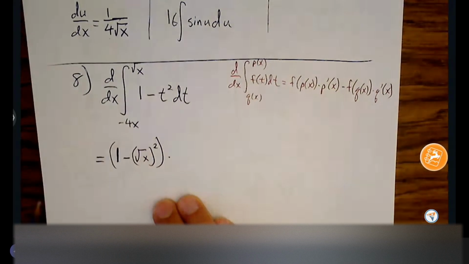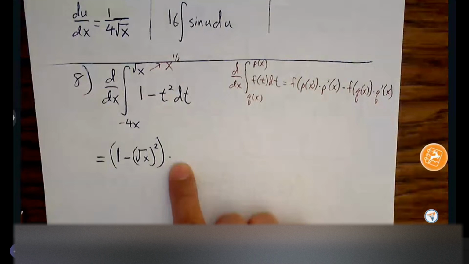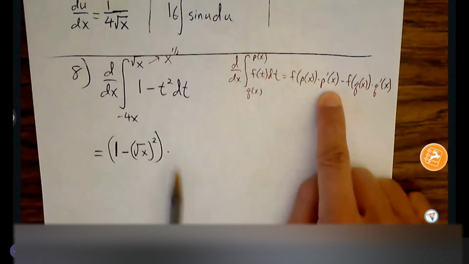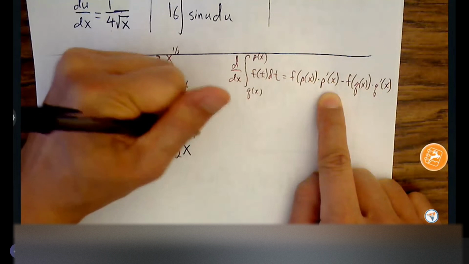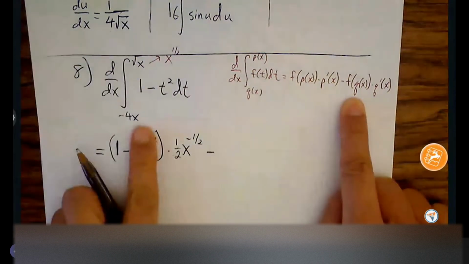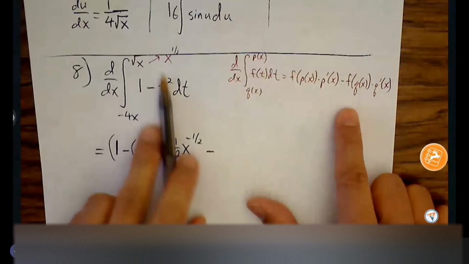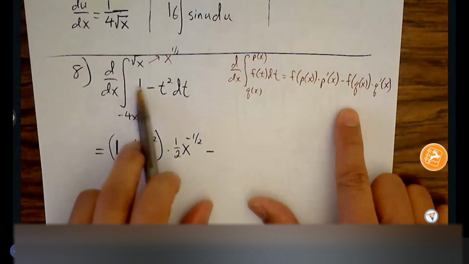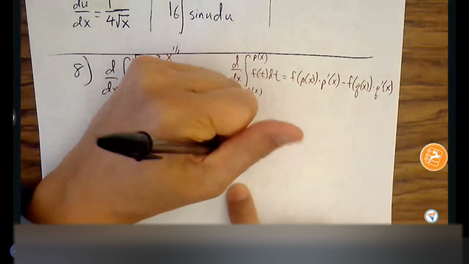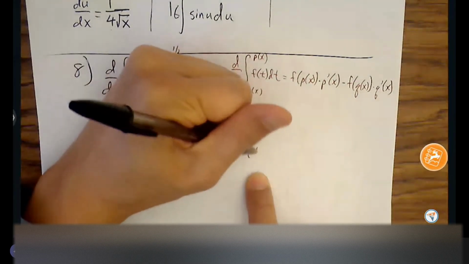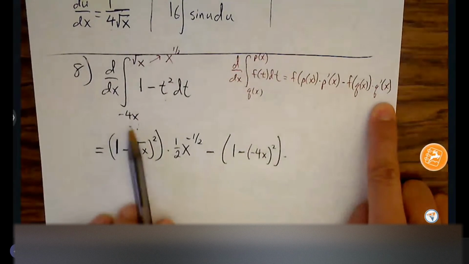Square root of x is really x to the 1/2. Do the derivative here. Lower bound into the variable. So if there are multiple variables, you're going to plug this into all the t's. But in this case, there's only one. Times the lower bound's derivative.